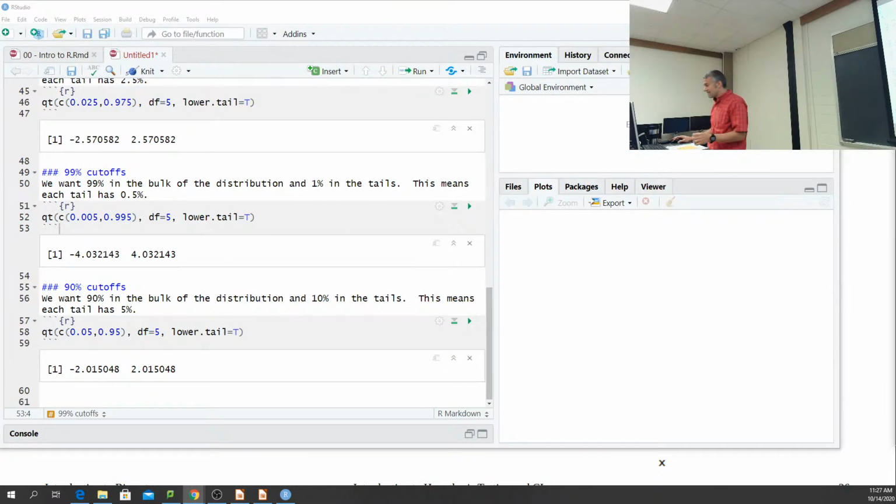Let me open that one instead. T-table, table B. Rotate. There we go.